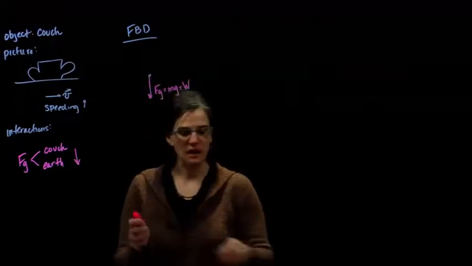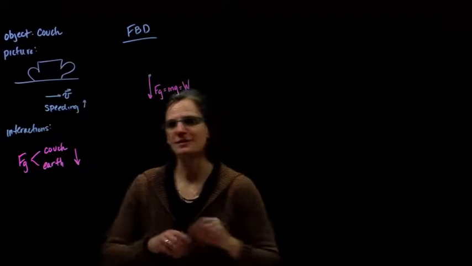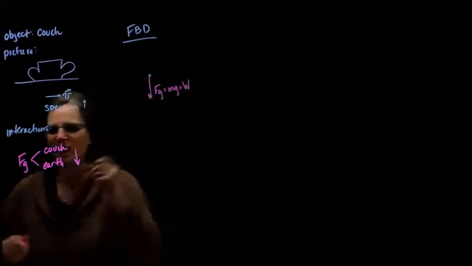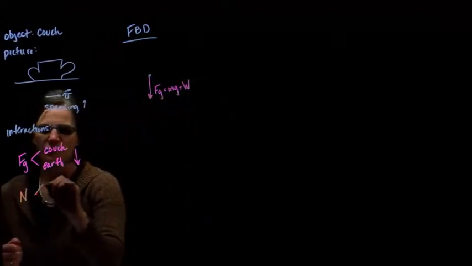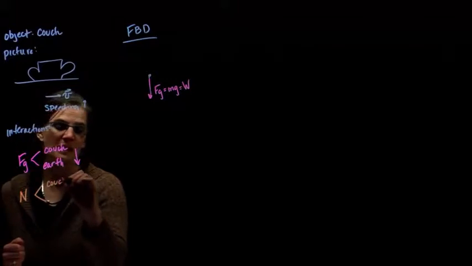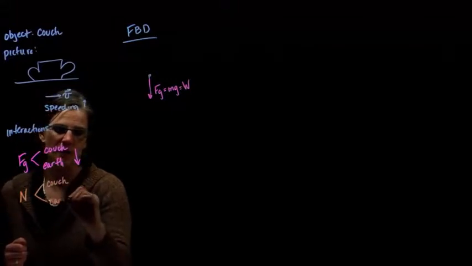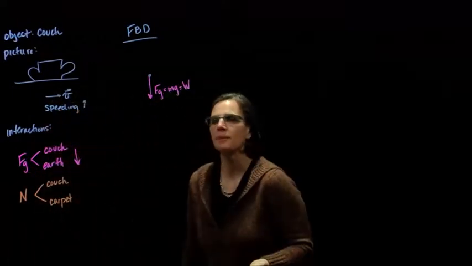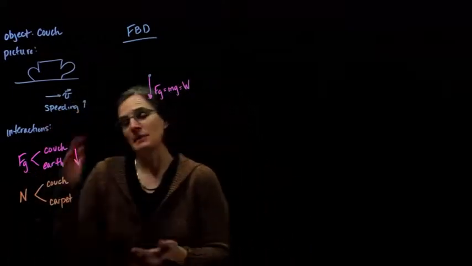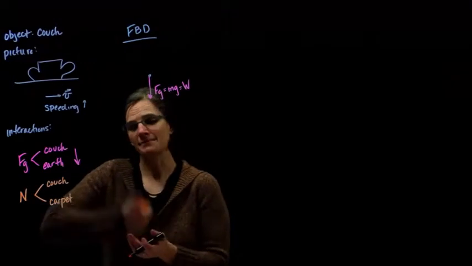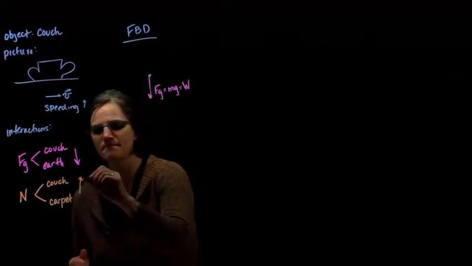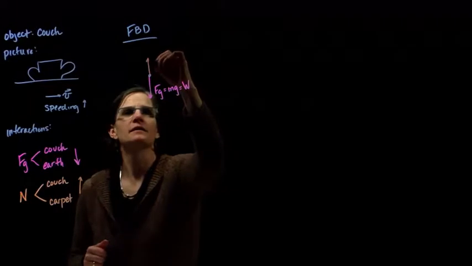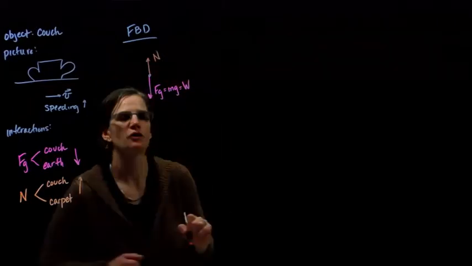Well, the couch is sitting on a surface, so we must have that molecule-squishing interaction, or the normal force, and that's going to be between the couch and the ground, or the carpet in this case. That's what the true interaction is with that carpet. It's being squished down, the carpet is, so it's pushing back up. And we have the normal force.